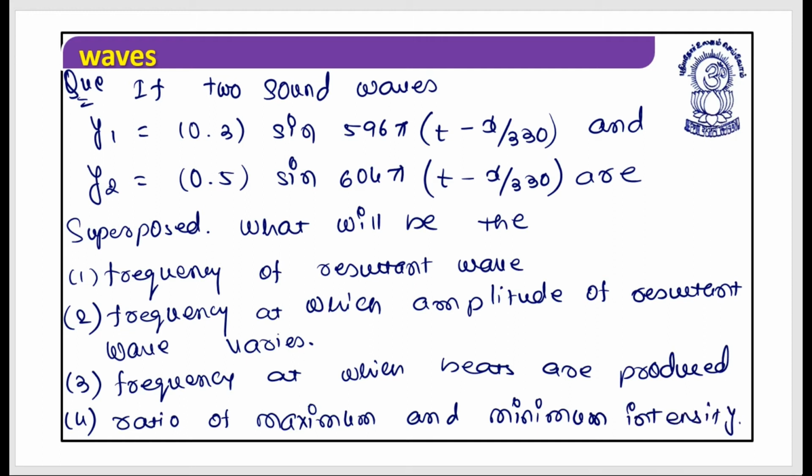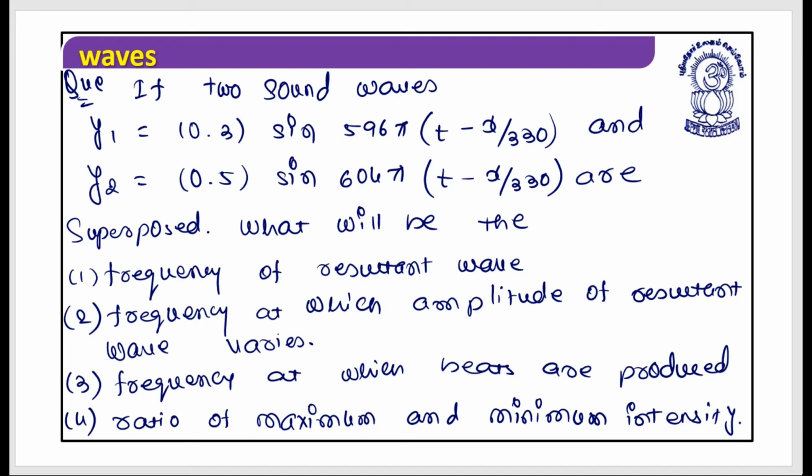So this is all that is required. They have given the sound waves y1 and y2, and these two waves are superposed with each other. We need to find the frequency of the resultant wave, the frequency at which amplitude of the resultant wave varies, the frequency at which beats are produced, and the ratio of the maximum and minimum intensities.